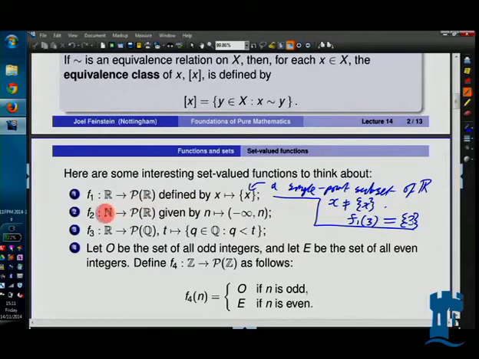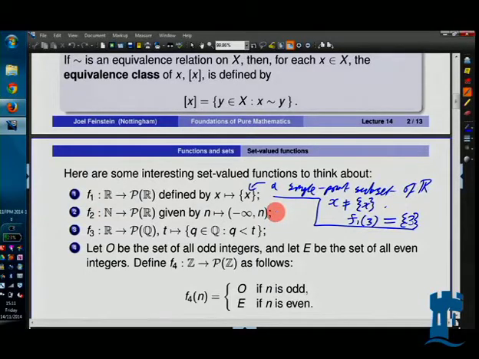Now, here's another one. Natural numbers. For each positive integer n, you can look at the set minus infinity to n. We did this sort of thing before when we were looking at indexed families of sets, and we were taking their unions. So again, this time the value f2 of something is going to be an interval.